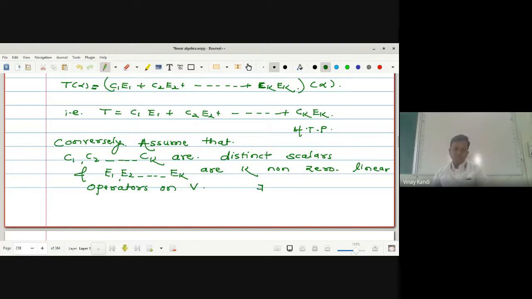There exists at least one alpha belonging to V such that Ei of alpha is not equal to 0. This is the definition of non-zero.